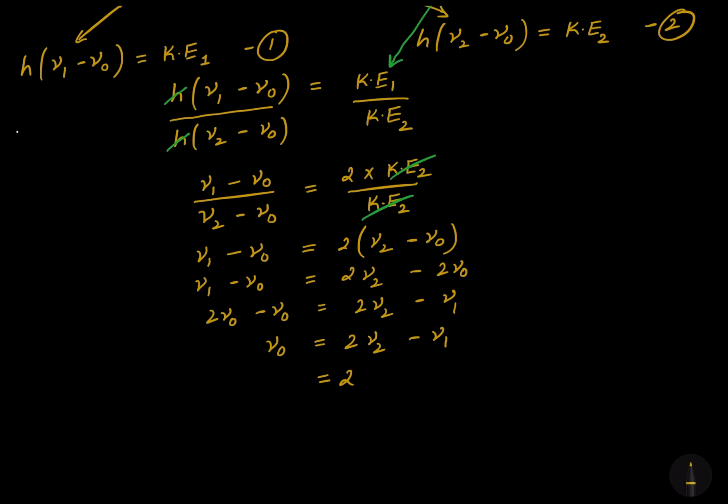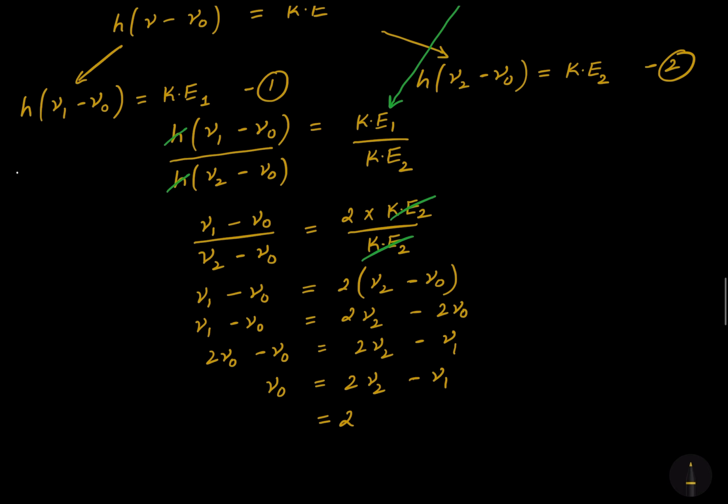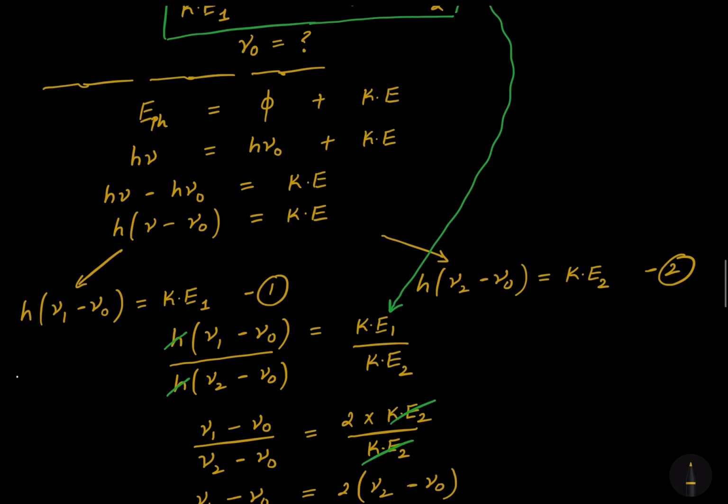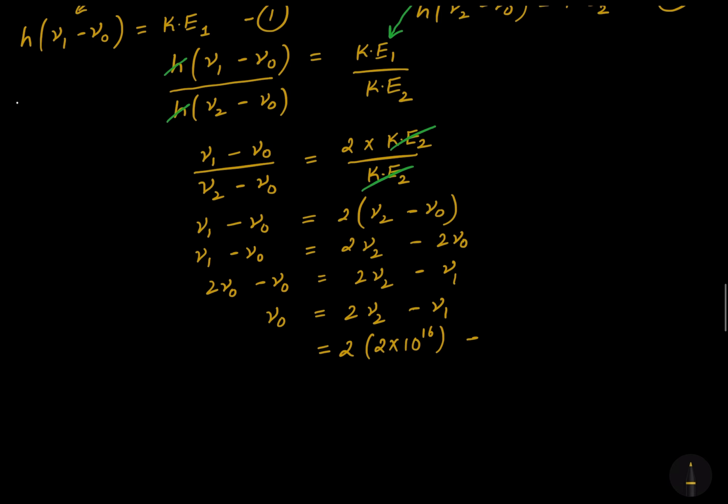What's the value of frequency number 2? It is 2 into 10 to the power 16 hertz. What's the value of frequency number 1? You can see that it's 3.2 into 10 to the power 16.